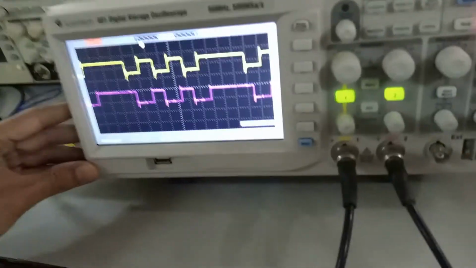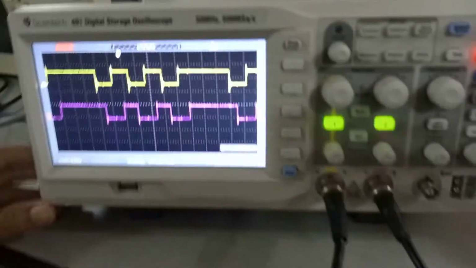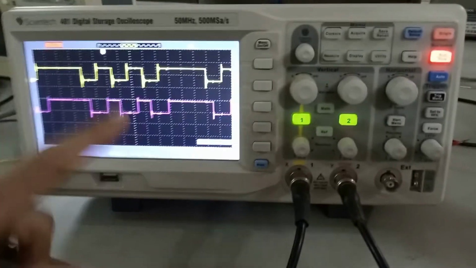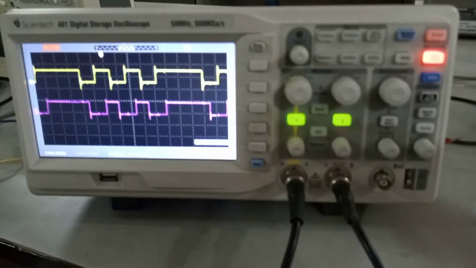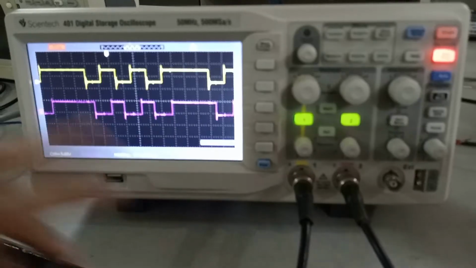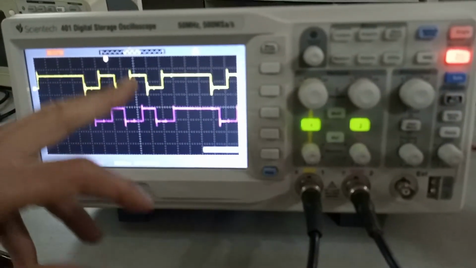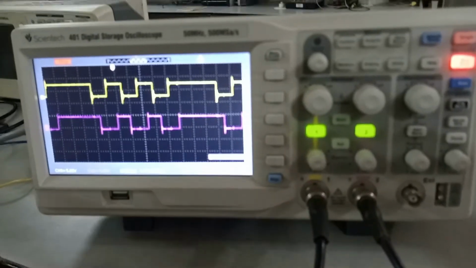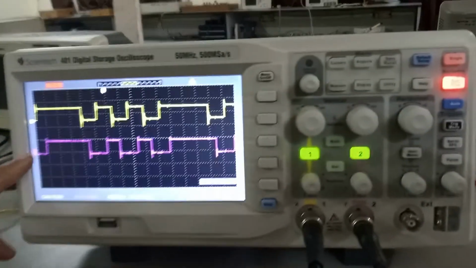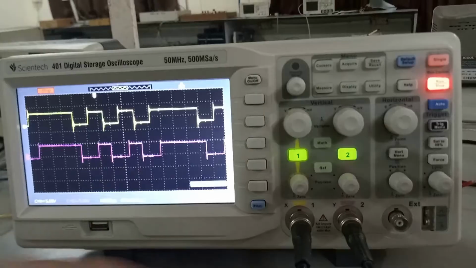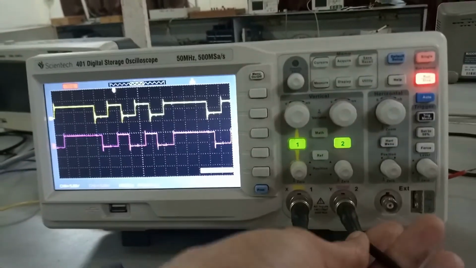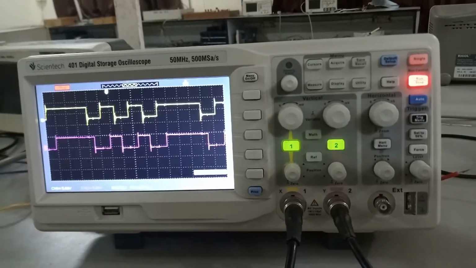Now see, this is your digital storage oscilloscope in which we are comparing your input and output. Channel 1 is your original input. We have given the input 1 1 1 0 1 0 1 and 0, the same data we used in modulation. Channel 2, the violet color, is the demodulated data.